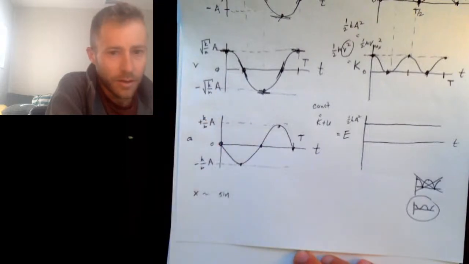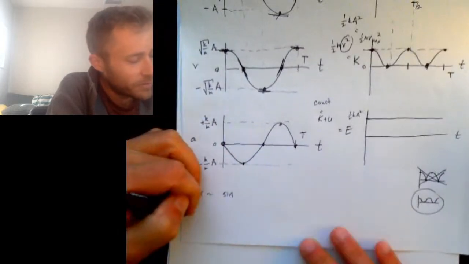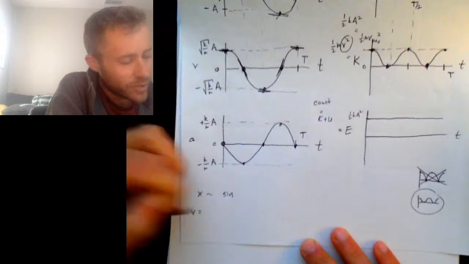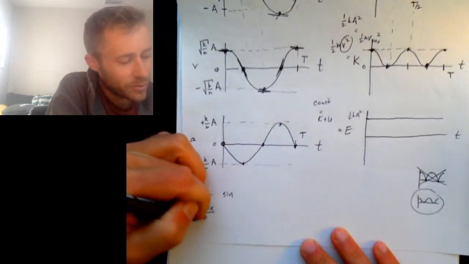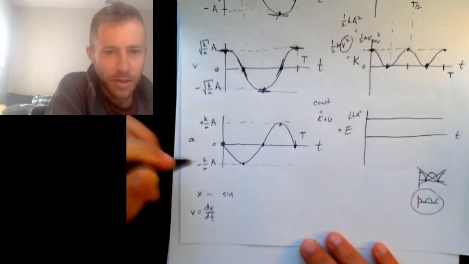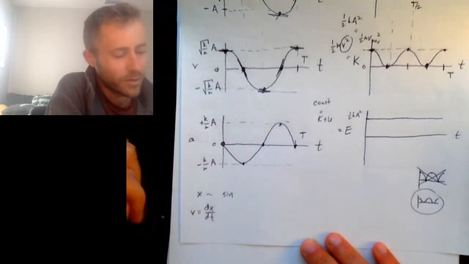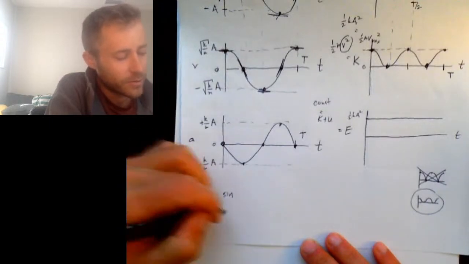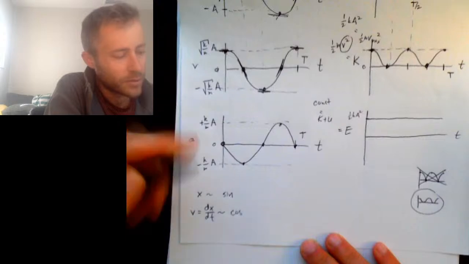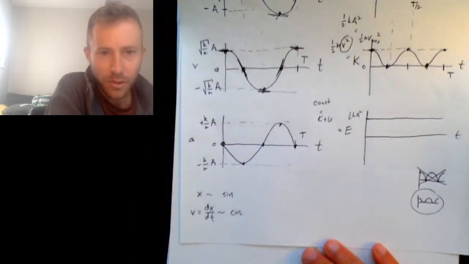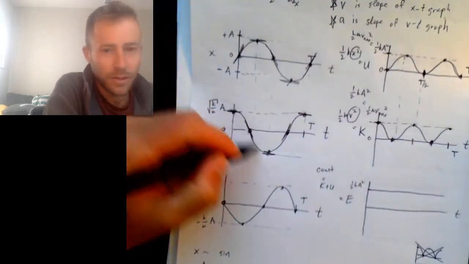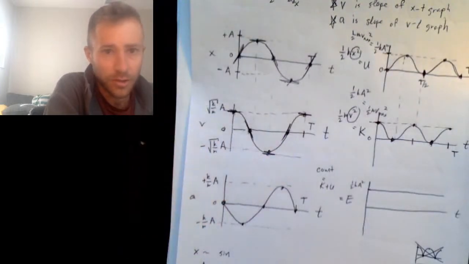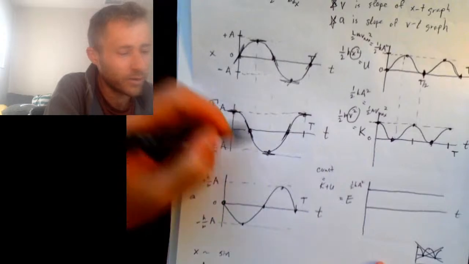All right? Now, if I want my velocity, I have to take the derivative of the position with respect to time. And taking the derivative of sine gives cosine. So the velocity graph should look like cosine. And indeed, that is the case here. This is the same as a cosine graph because it starts high and it goes down from there.